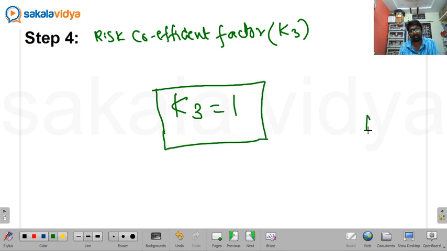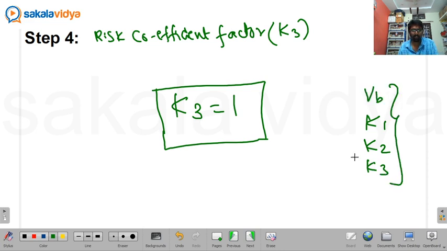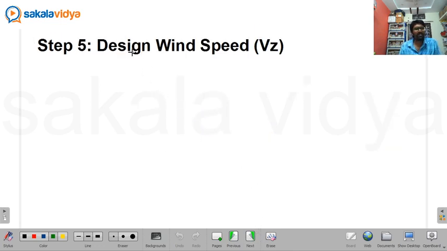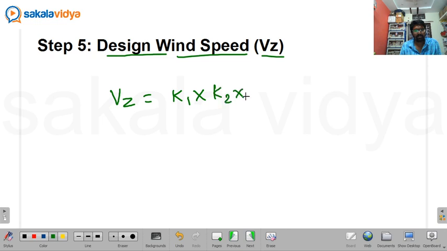So far we have found K1, K2 and K3 along with the basic wind speed of the location. Now the fifth step, design wind speed. The formula is Vz is equal to K1 into K2 into K3 into Vb.